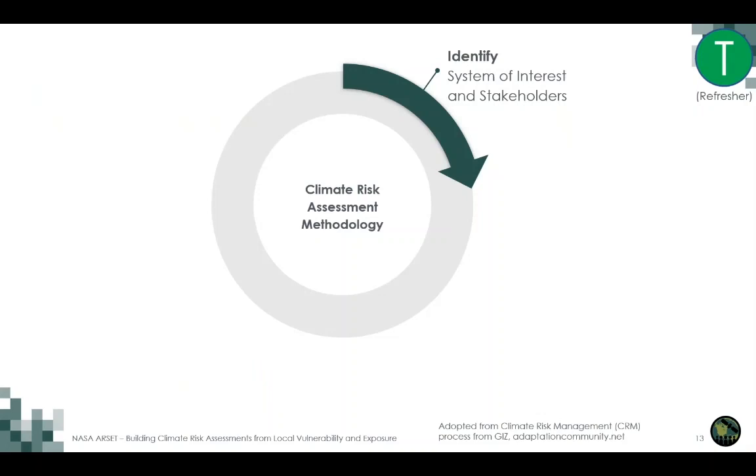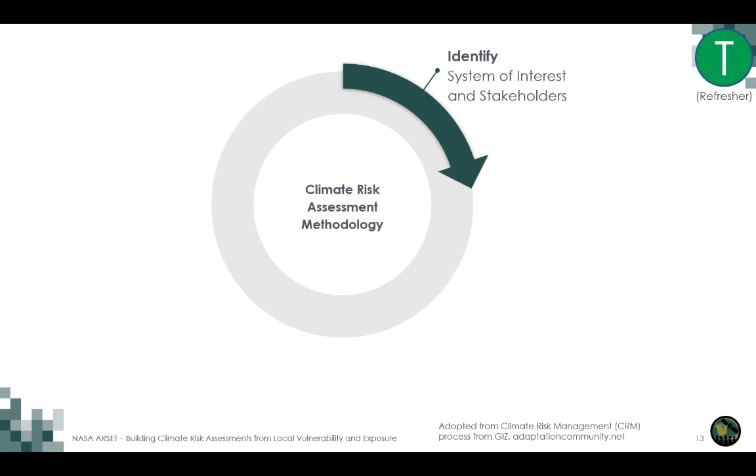As a reminder of the climate risk assessment methodology that we used in part 1 of this ARSET training and that we apply in the CASI project, there are 5 different phases of our climate risk assessment that help us ensure that the climate information we use is driven by stakeholder demand and useful for stakeholder decisions.